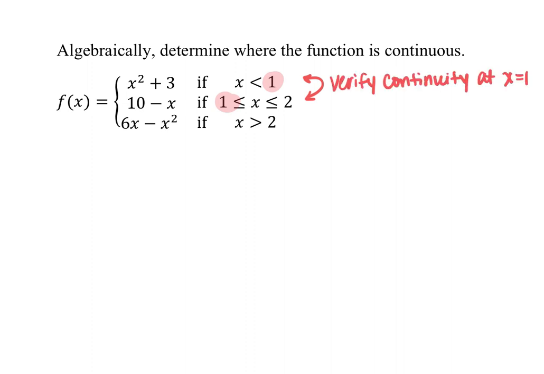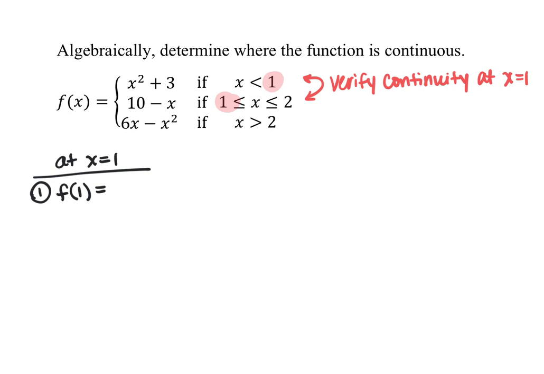So to do this, we are going to go back to our 3 conditions for continuity at a point. So we're checking for continuity at x equals 1. And that first condition is that the function has to be defined at 1. In other words, we need to have a value at 1, or an output.